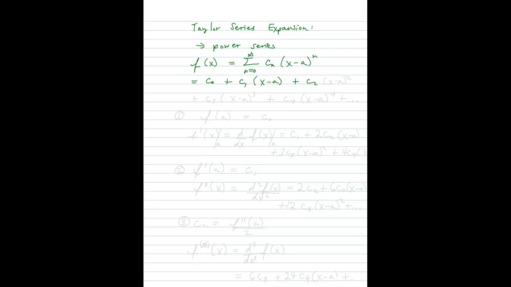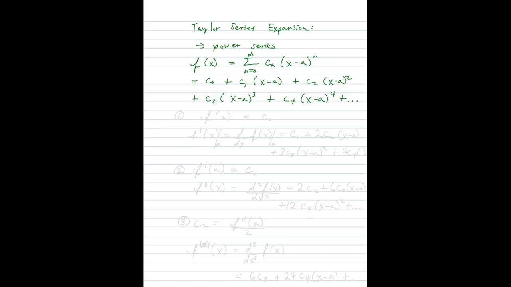plus c2 times x minus a squared plus c3 times x minus a cubed plus c4 times x minus a to the fourth plus ... all the way up to infinity. So a is just some constant value along the x dimension.